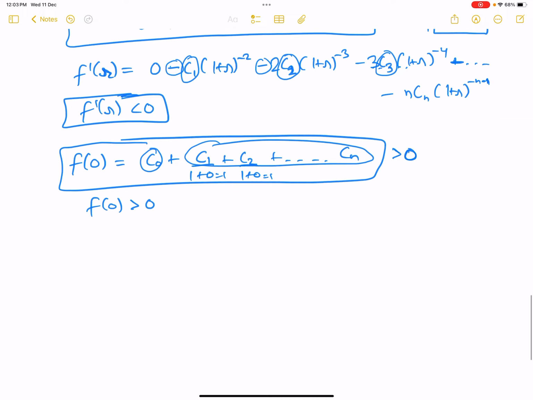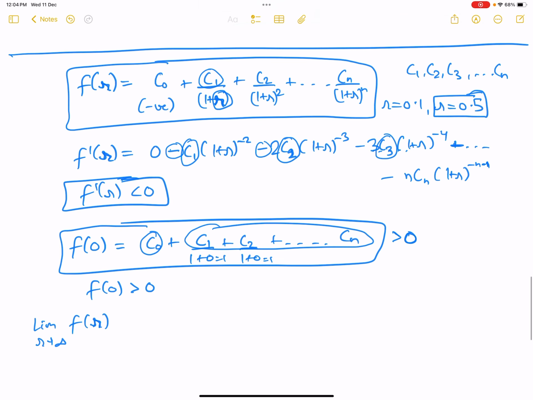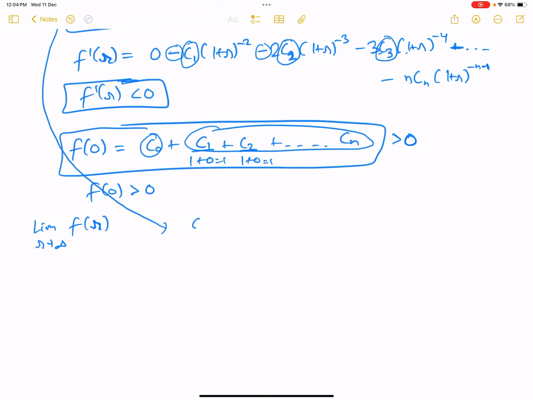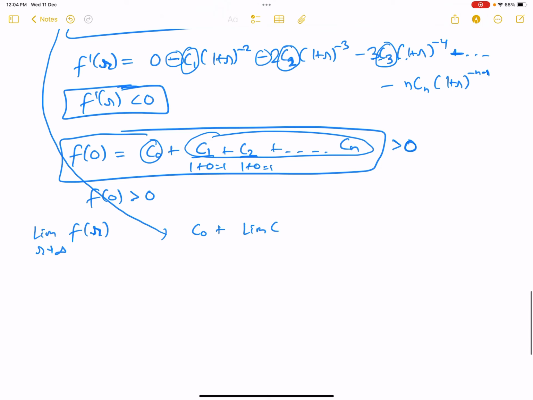Okay, is this clear? Now f of r, suppose r is any other interest rate, take the limit of f of r as r approaches infinity. It would be c0 plus limit of c1 upon 1 plus r as r approaches infinity, plus limit of c2 upon 1 plus r squared.